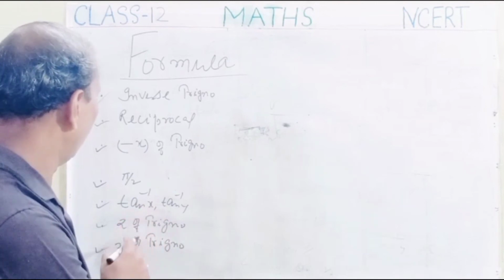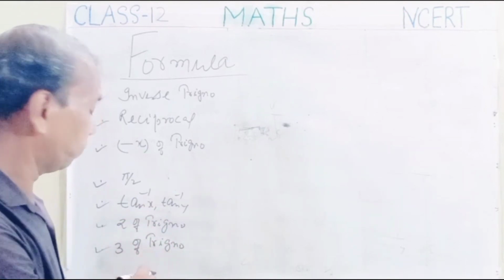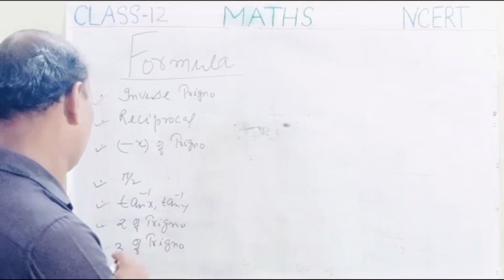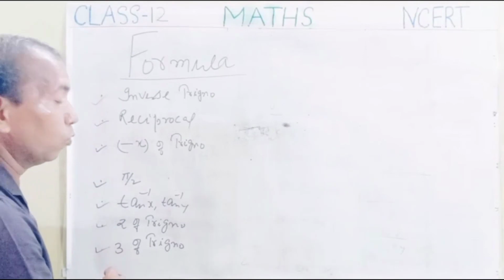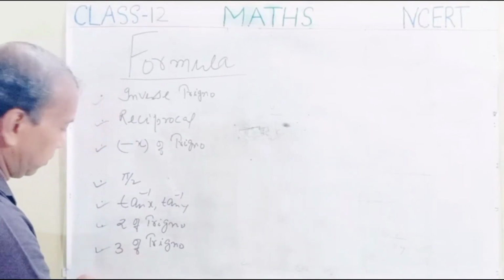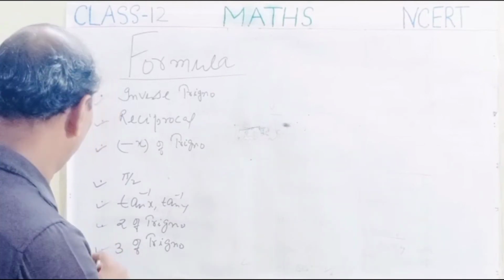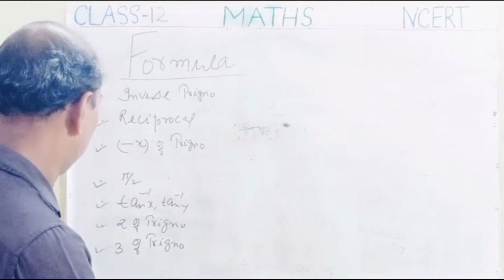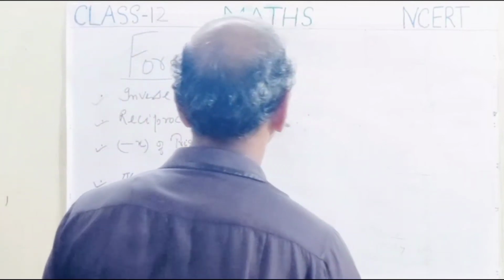Now we will see the formulas of 2 of trigono and 3 of trigono. 2 of trigono means the formulas for 2 sin inverse x, 2 cos inverse x, then 2 tan inverse x. 3 of trigono means 3 sin inverse x, 3 cos inverse x, and 3 tan inverse x.